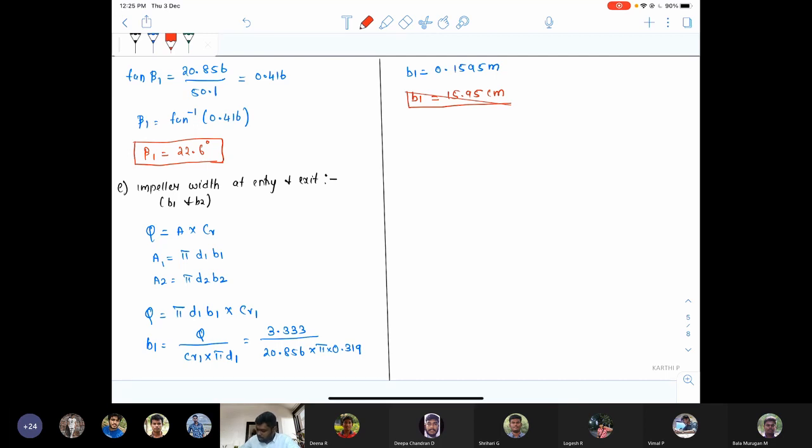Now the outer width of the impeller can be found by the equation B2 by B1 is equal to D1 by D2.